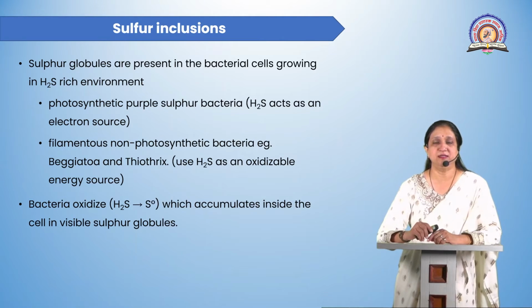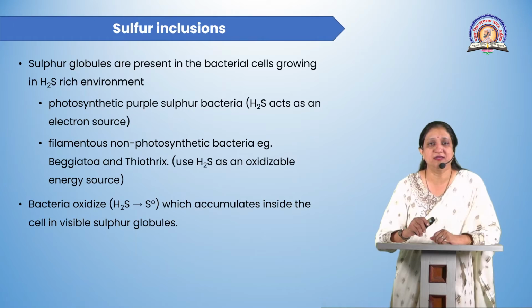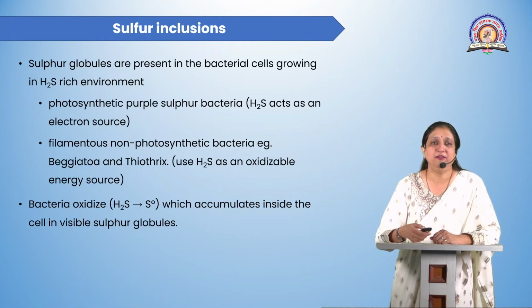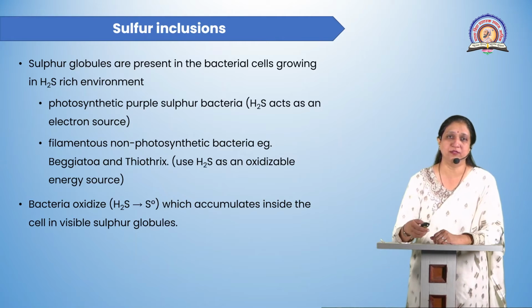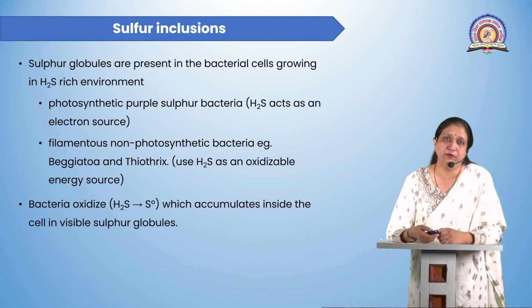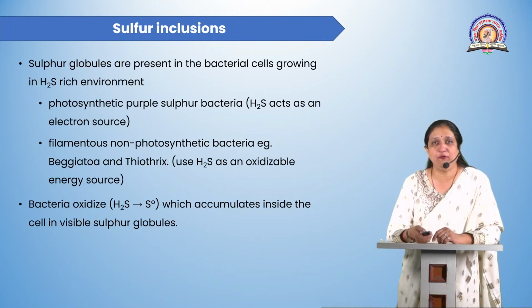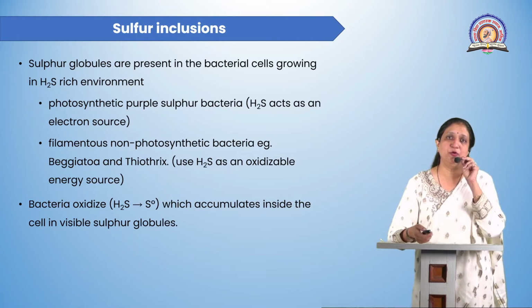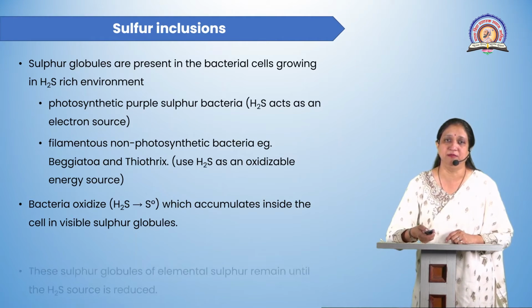Bacteria oxidize H2S to elemental sulfur, which accumulates inside the cell in the form of visible granules of sulfur. So, the sulfur inclusions or the sulfur granules are made up of elemental sulfur, which is usually formed from H2S because bacteria have an ability to grow in an H2S rich medium.